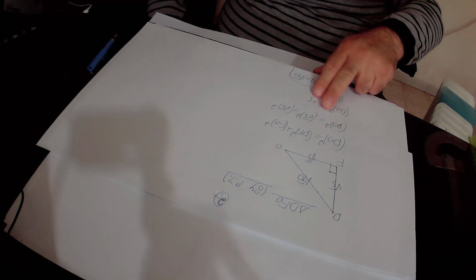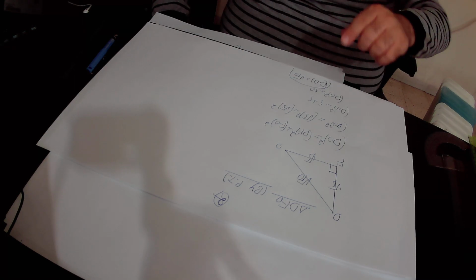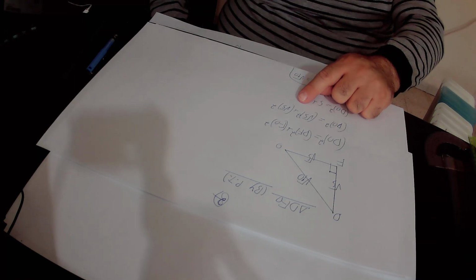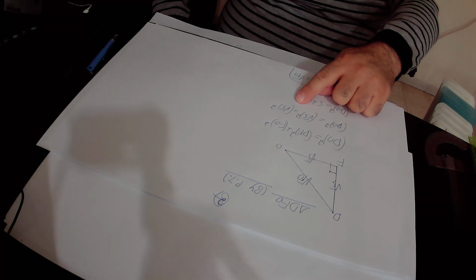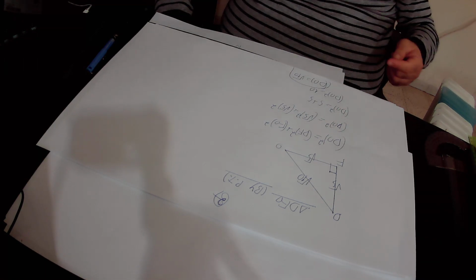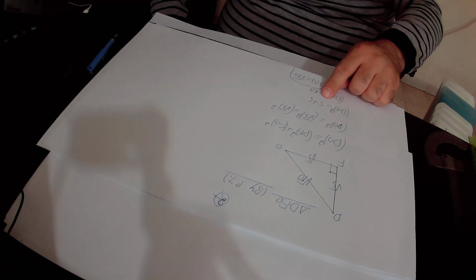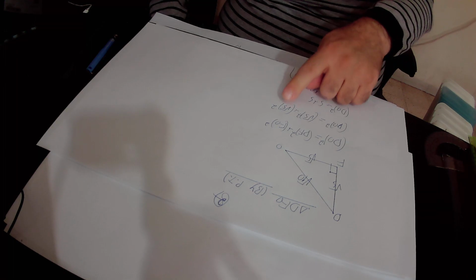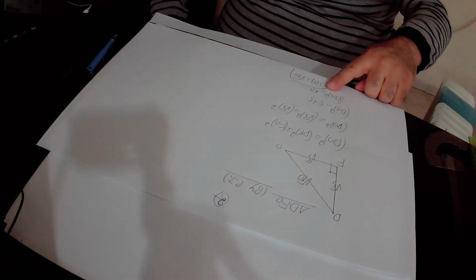So DO square equals DF square, DF equals the square root of 5, therefore DF square equals the square root of 5 squared, plus FO square, FO also equals the square root of 5, therefore FO square equals the square root of 5 squared. So in conclusion, DO square equals the square root of 5 squared, which is 5, plus 5, that is 10.